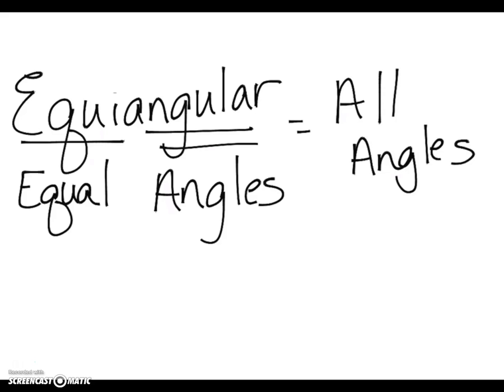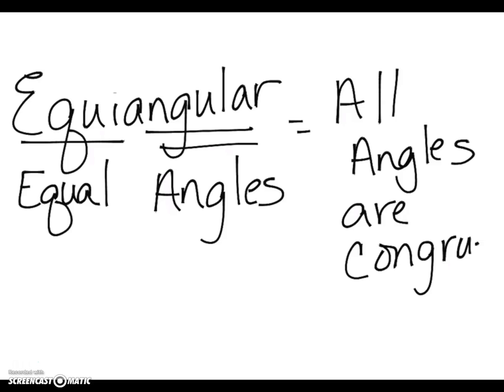And that means they have the same measurement. Right, so they are congruent. And one of the things you may not know is that if you have an equilateral triangle where all the sides are the same, then you also have an equiangular triangle where all these angles are the same as well.